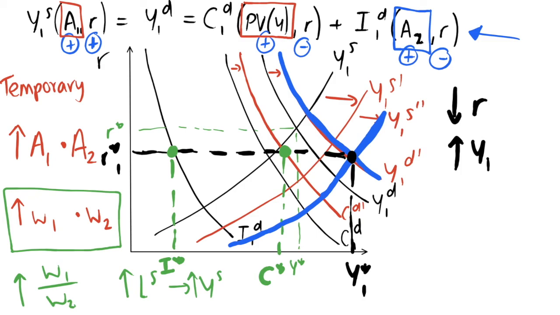And with any luck, it actually looks roughly to be the case, not quite. We should have that this Y1 star is equal to C1 star plus I1 star.